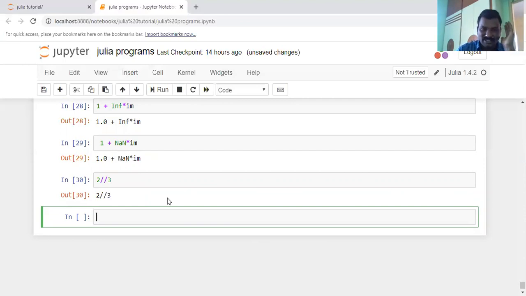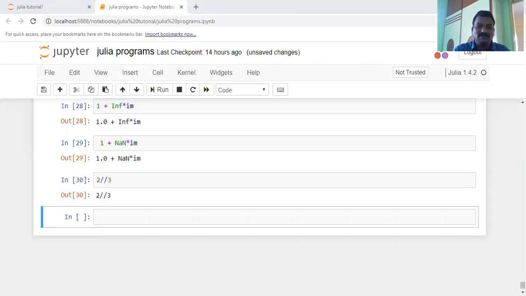That means in the mathematical representation it is in the form of p by q. That is a rational number. That means for the rational number you can also apply some operations, like 2 by 3 minus 2 by 4, that is 2 slash slash 3 minus 2 slash slash 4.